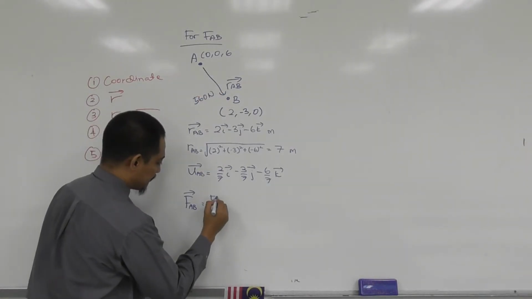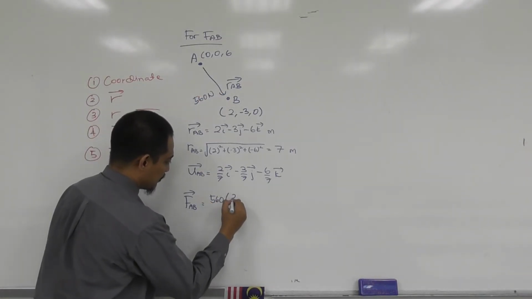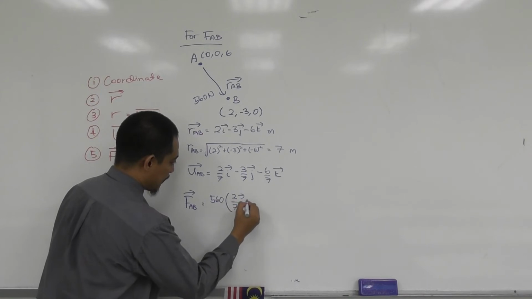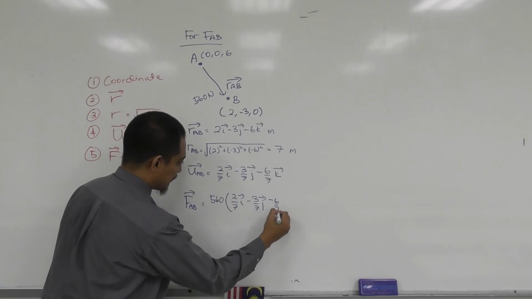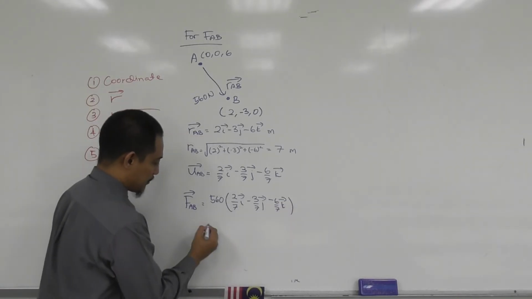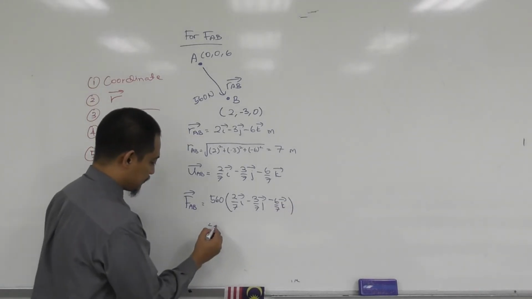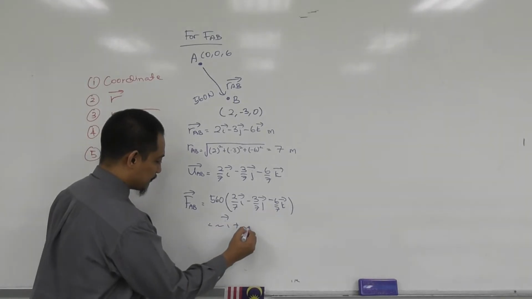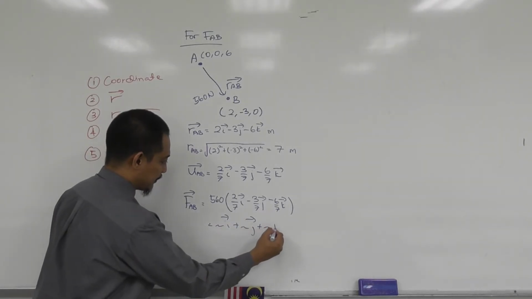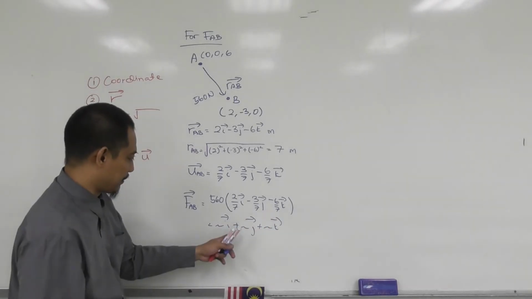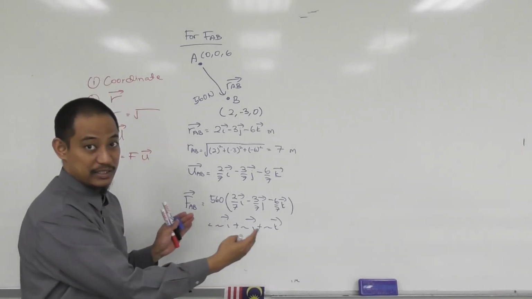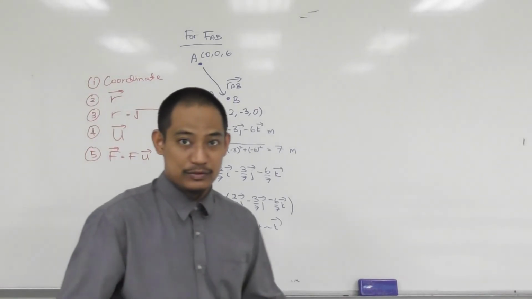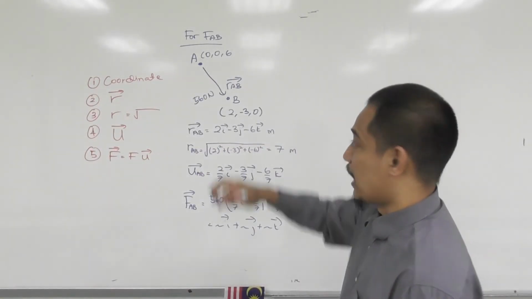So it is 560 Newton times 2 over 7 i minus 3 over 7 j minus 6 over 7 k. You can calculate this: whatever i plus whatever j plus whatever k. Of course, in this case it's not plus, it's minus and minus, but you know what I mean. You just calculate and you get that value. So that's settled for FAB.